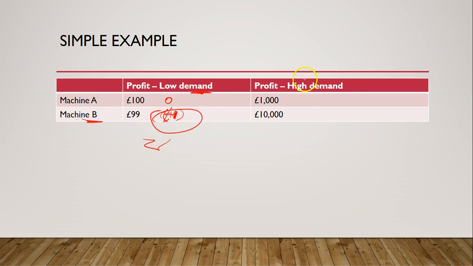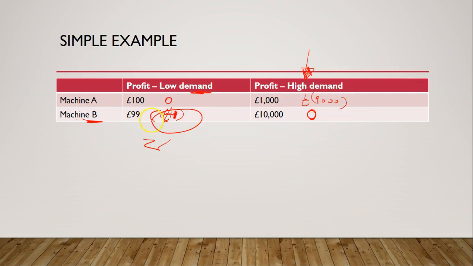Now, if demand was high and I had chosen machine B, great, I've lost nothing. But if I had chosen machine A and demand was high, I've lost out on a potential £9,000.